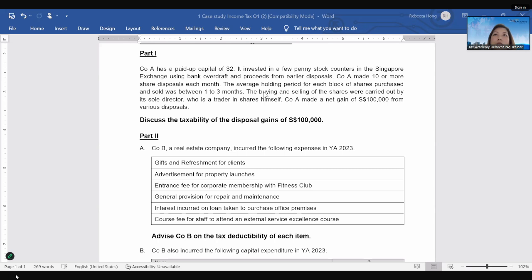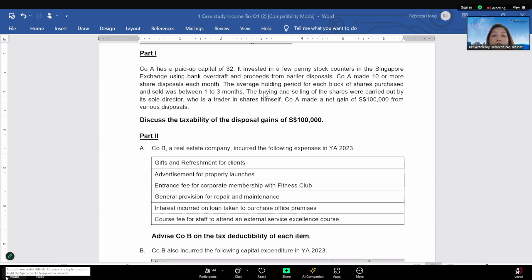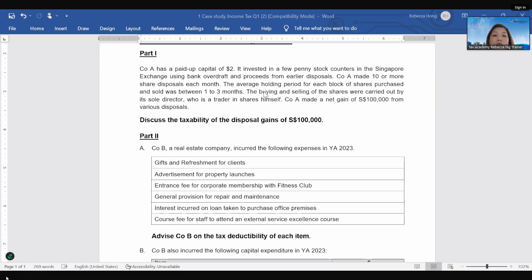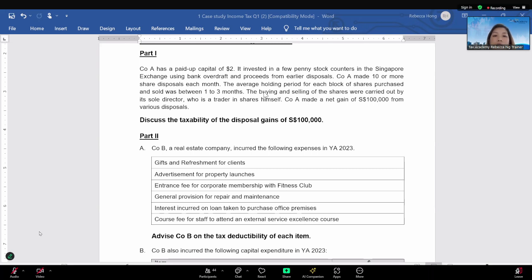Sometimes people buy for dividends. Dividend holding will usually take how long? When the company declares the profit, then they will have the dividends, right? So 1 to 3 months is maybe a quick sale, right? So how many did they buy? What is the frequency of the transactions? Is it 10 each month? 10 or more, yes.